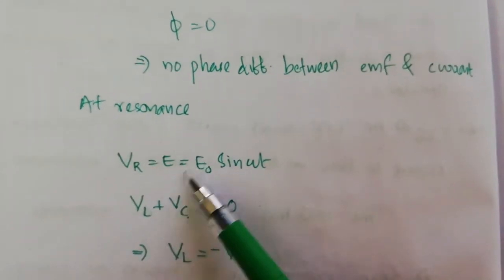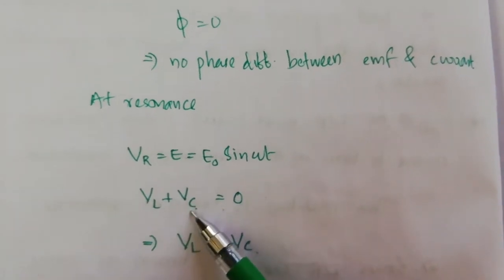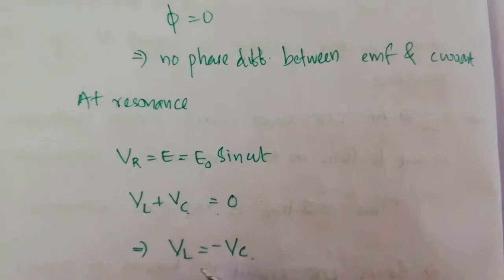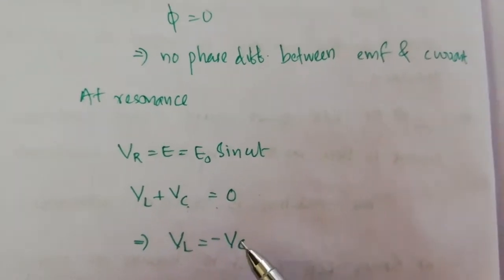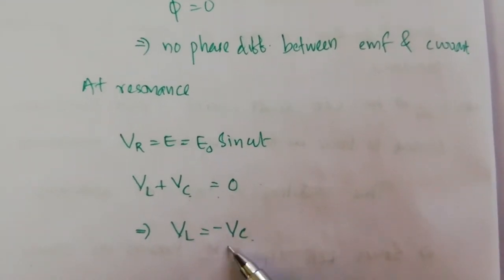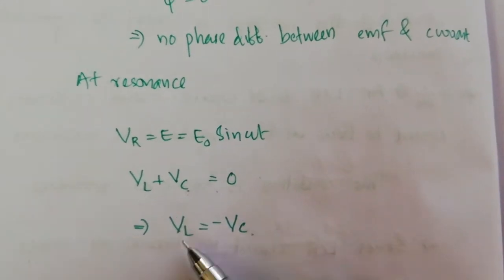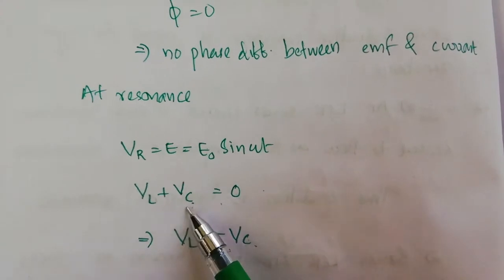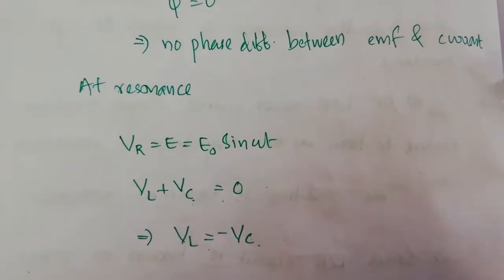At that time, VR is equal to E, which implies VL plus VC should be equal to 0, that is VL is equal to minus VC. It doesn't mean that VL or VC will be 0. It means that VL is equal to minus VC, so that VL plus VC cancel.